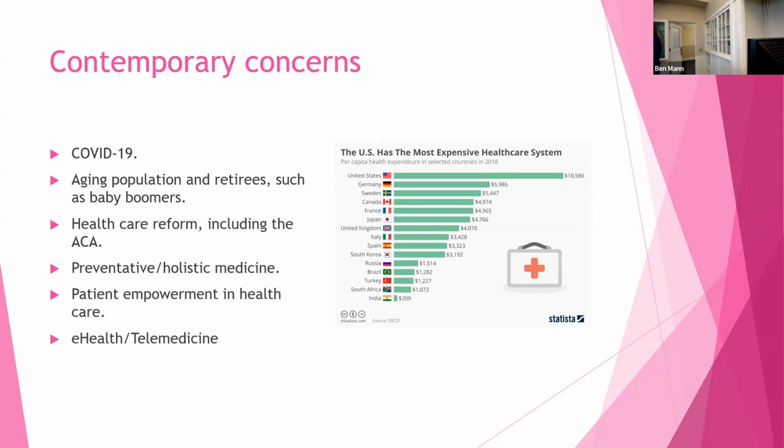Obviously, COVID-19 has been a major contemporary concern surrounding healthcare, not only the risks and impacts that it has, but also the way that we know or go about information, its interaction with policy, what should or shouldn't be done surrounding masks, vaccination, and so on, and also as it relates to political and social policy.